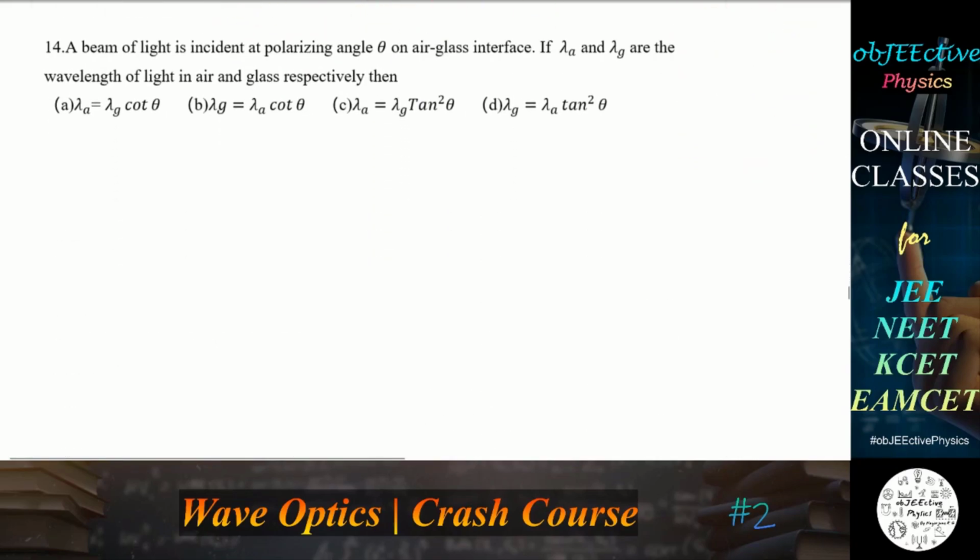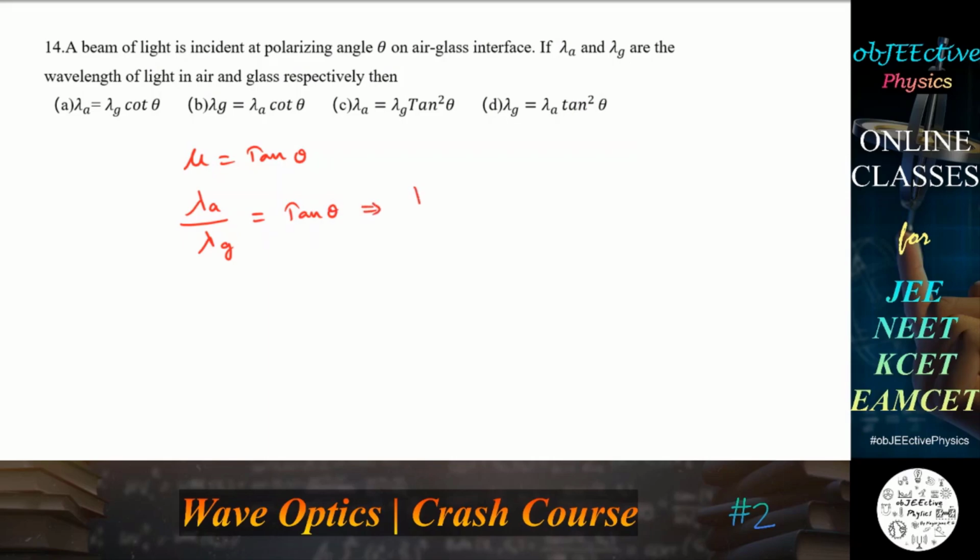A beam of light is incident at polarizing angle theta on an air-glass interface. If lambda A and lambda G are the wavelengths of light in air and glass respectively, then we know that mu is equal to tan theta, Brewster's law, and mu can be written as the wavelength of light in air divided by the wavelength of light in glass, which as per the question is equal to tan theta.